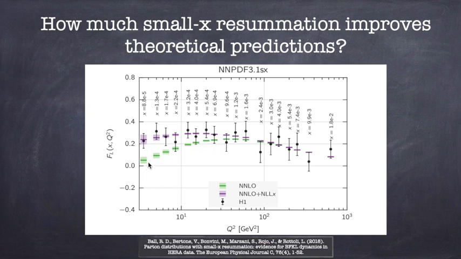The green dashes are the next-to-leading order prediction without resummation at different values of x, and the purple dashes are the next-to-leading order prediction with next-to-leading logarithm resummation. And we see that the resummed result describes the experimental data much better.